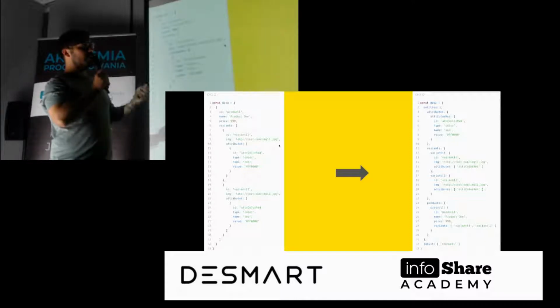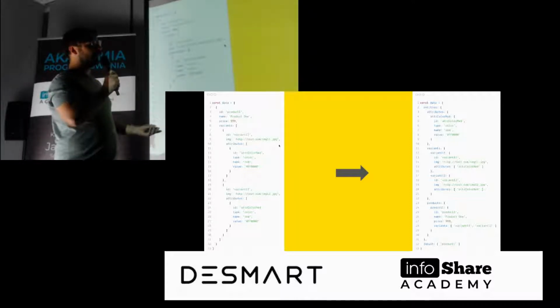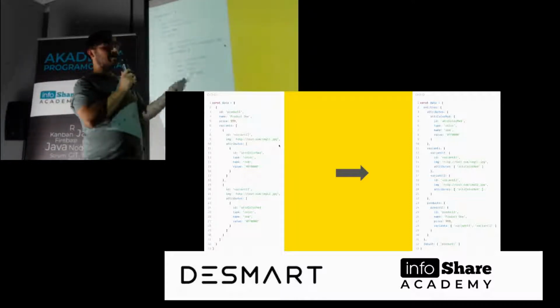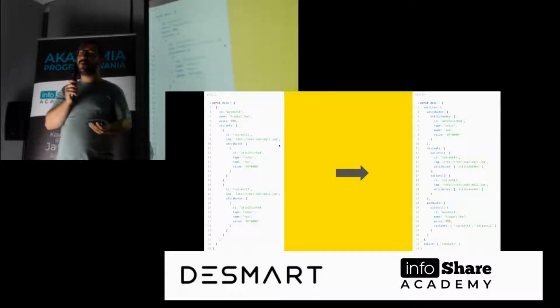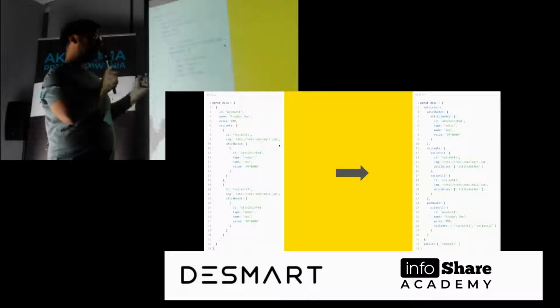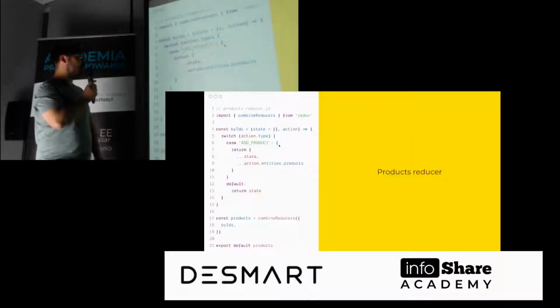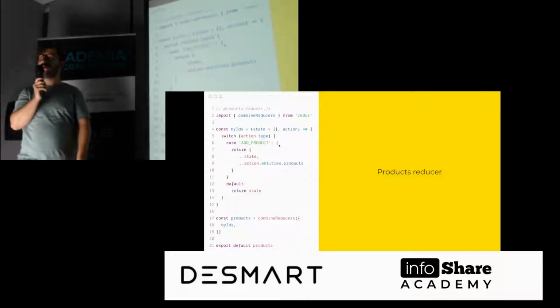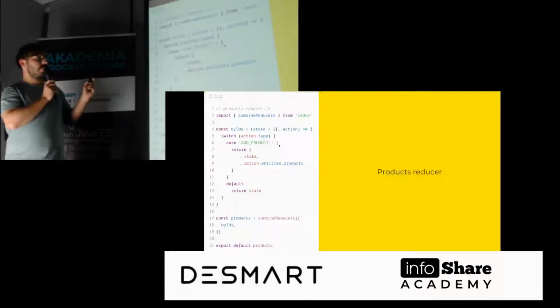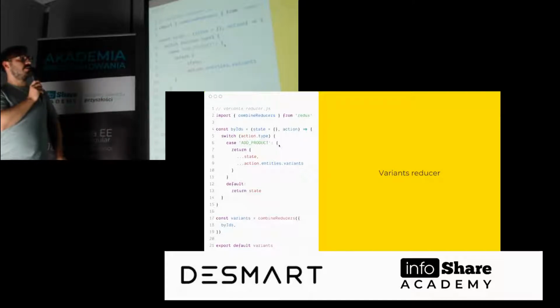Once again, let's see how our reducers could look now. That's the products reducer. Basically we are spreading the entities products there. That's also the variants reducer.